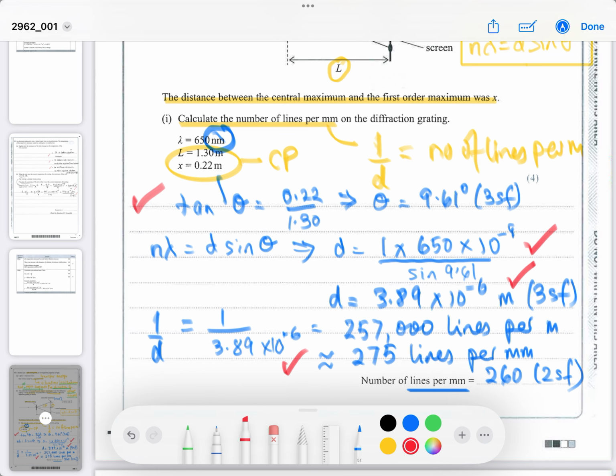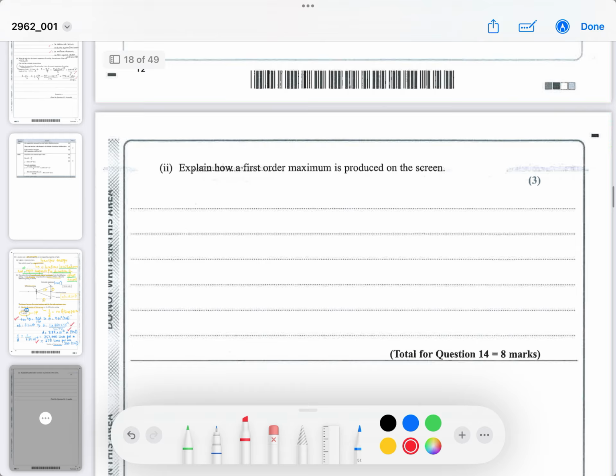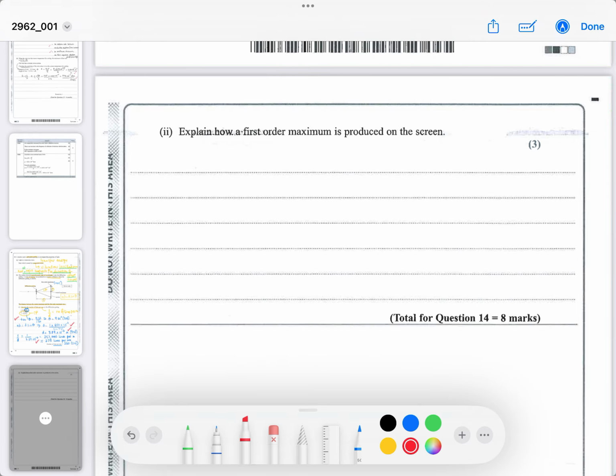All right, so it hasn't finished this question. It then says, explain how a first order maximum is produced. Well, first order maximum means that all the waves are in phase. If they're in phase, you get constructive interference. These are my notes. You have to put them into a clarity for the examiner.